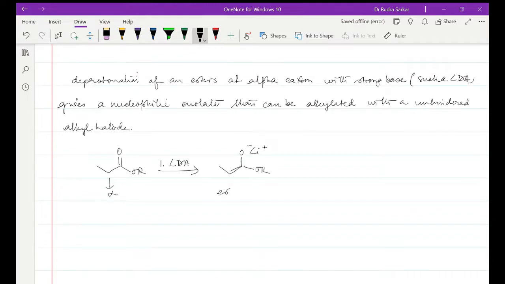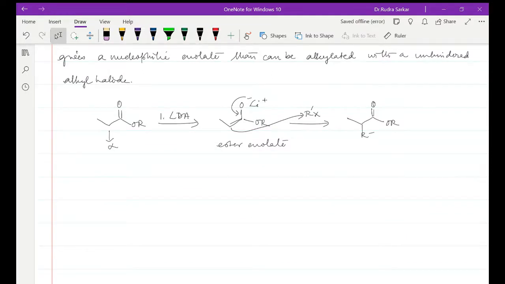This is the ester enolate, and then in the second step we are reacting it with the alkyl halide, and that should lead to the formation of an ester that is derivatized at the alpha carbon.